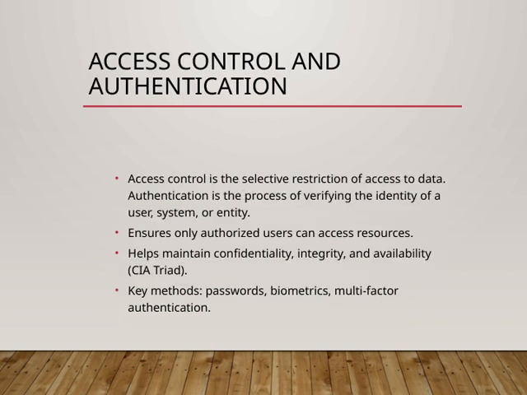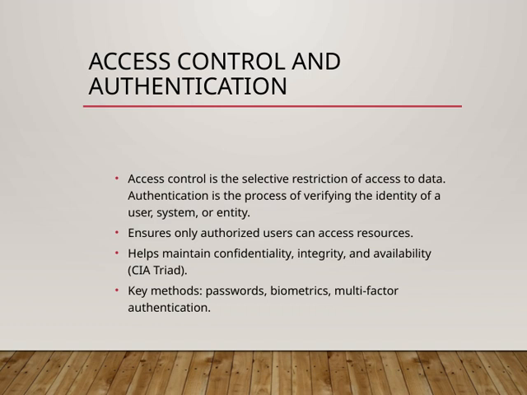Now, let's talk about access control and authentication. Access control is really about selectively restricting who can get to certain data or resources. It's like having a security guard who only lets in authorized people. Authentication, on the other hand, is the process of verifying that someone really is who they say they are. Think of it as checking an ID before granting access.